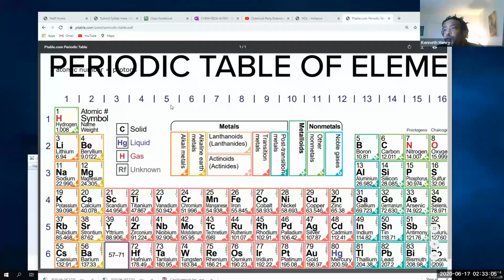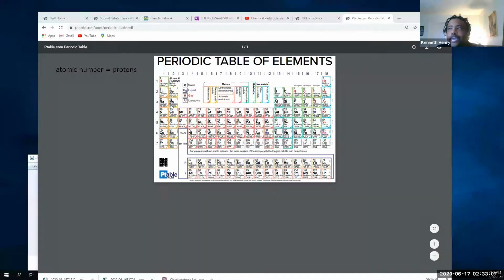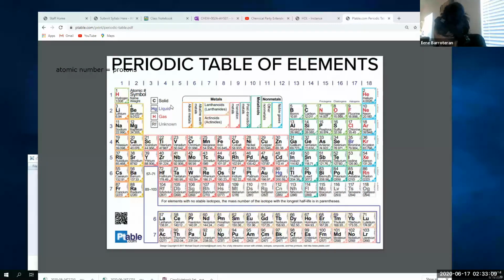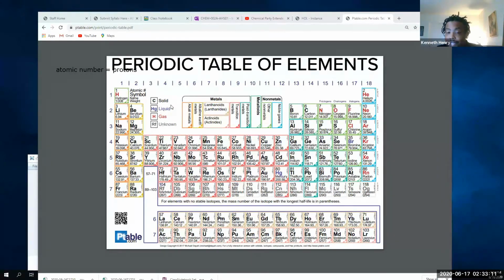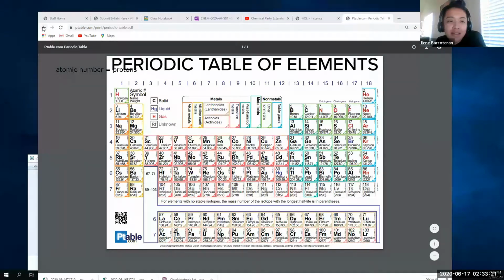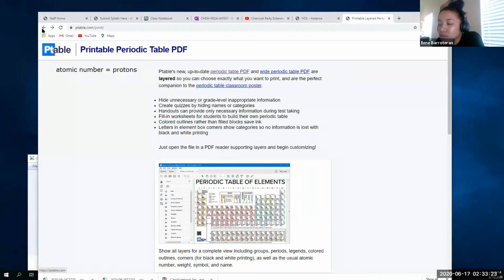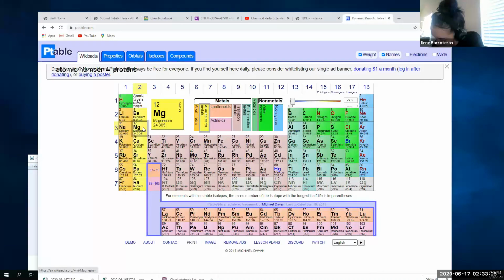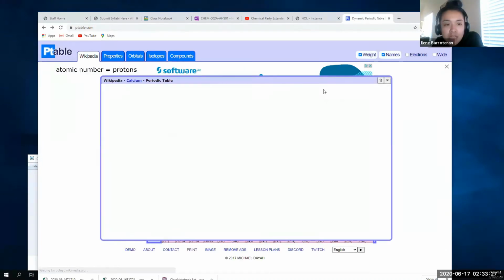Not always. When it's an element, yes. But when it's an ion, it isn't. We'll get to that. Sorry, I was just wondering because the top left has the protons, so I'm assuming the top right number has to mean something.